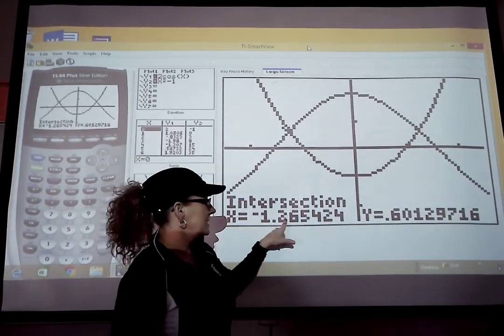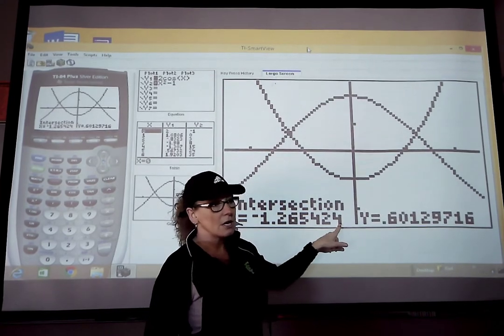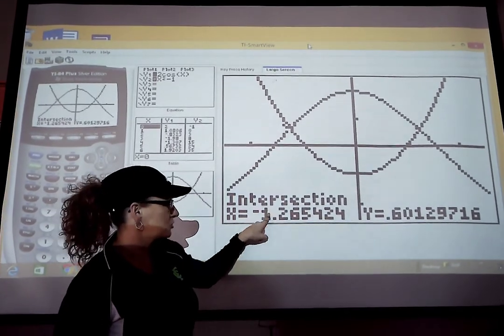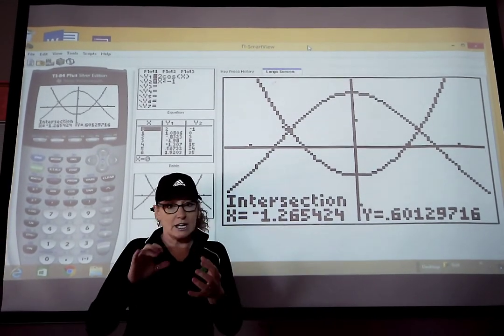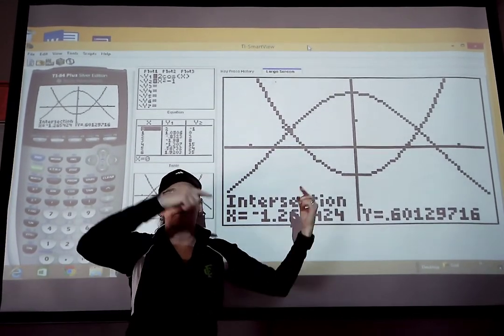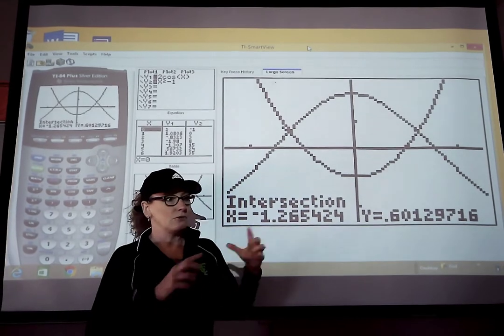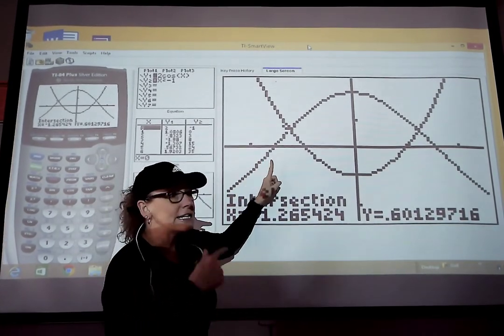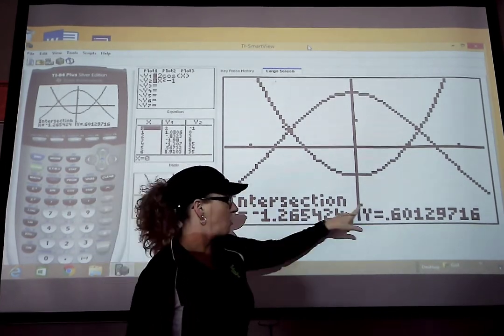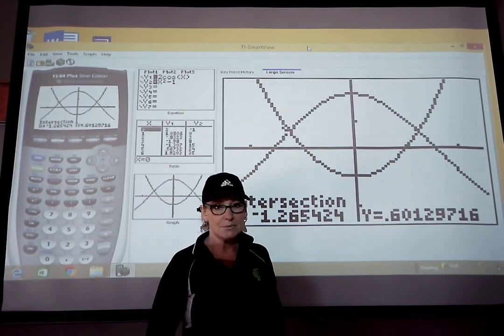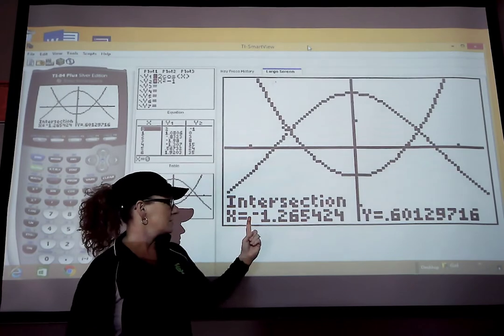Now, this is an irrational number, and I'm going to show you how to store this number in your calculator. So while I've been talking, if you've hit any other buttons, I want you to redo your calculate intersection to where this is on your screen, okay? All right, here's how to store this value.